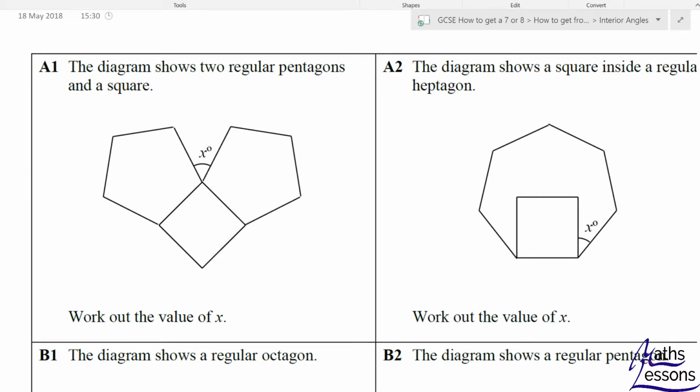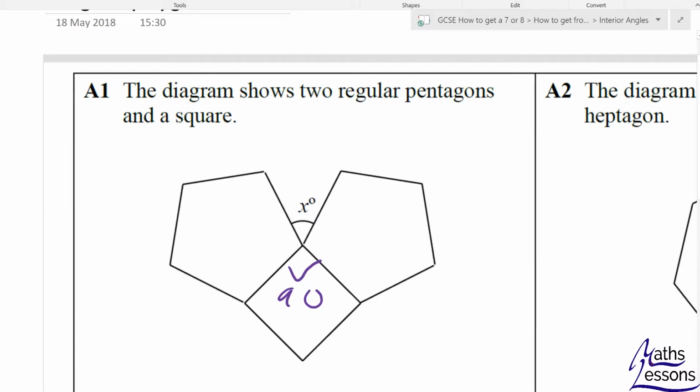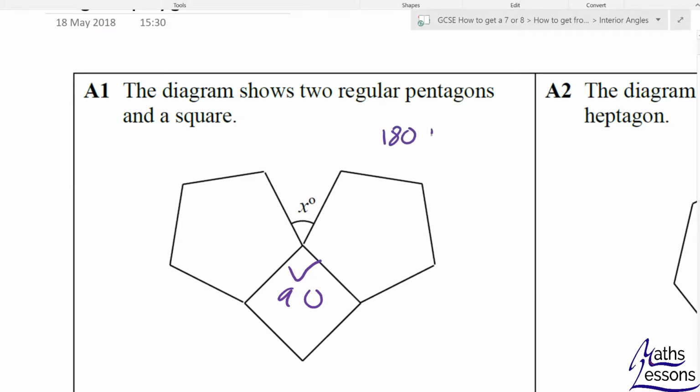Okay, so 2 minutes seems to be about the right amount of time to attempt this question. Straight away you should have spotted that the square has an interior angle of 90. We know the interior angle sum is 180 times (n minus 2), but for just one interior angle we need to divide by n. Each of these is a 5-sided shape, so we times by 3 and divide by 5.